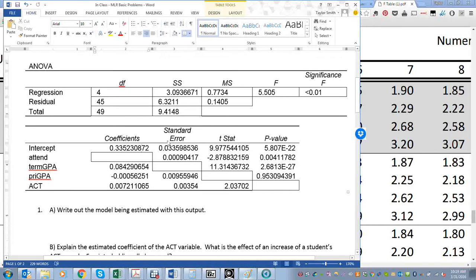So first column divided by second column should equal our third column. If you actually test this first row, you can see that 0.335 divided by 0.0335 gives us 9.977, etc. So you would get that t-statistic there.